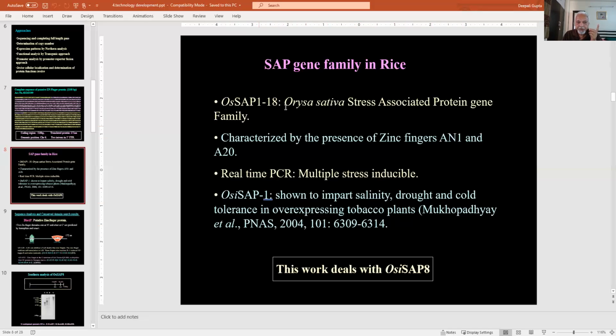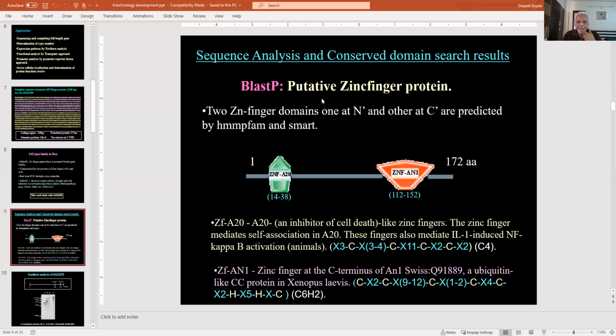And when we looked at the gene which we isolated, whether it is SAP1 or which member, we discovered that this is SAP8, that is the eighth member of that gene family.